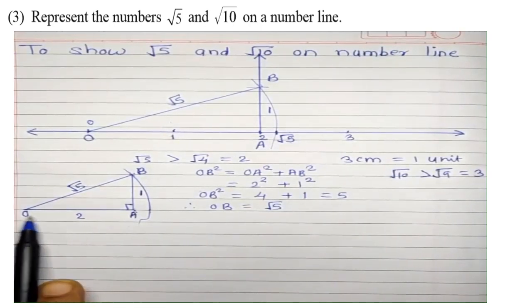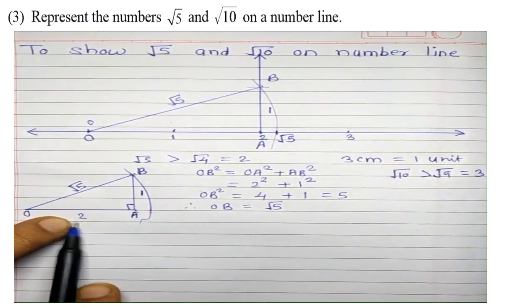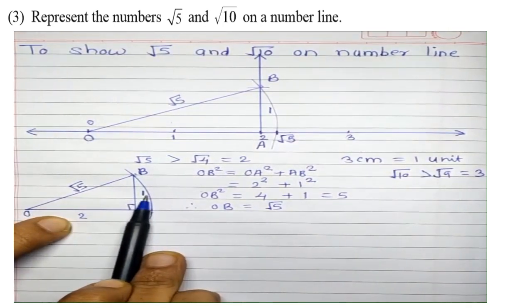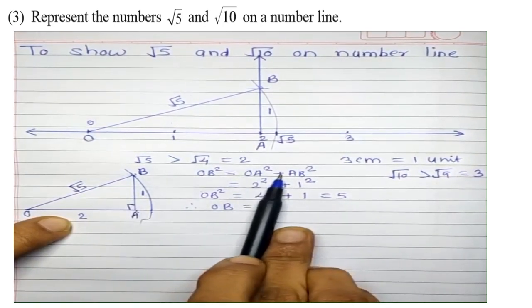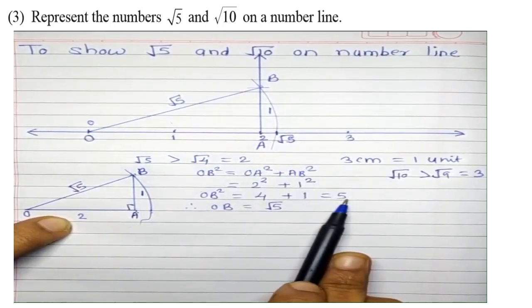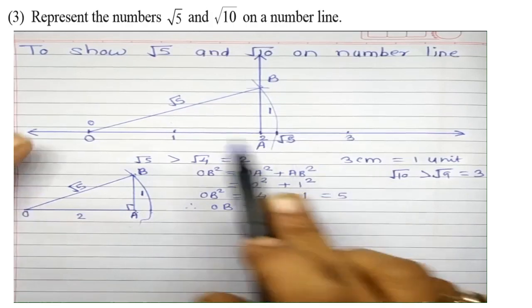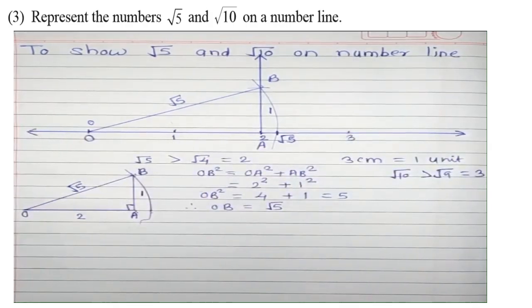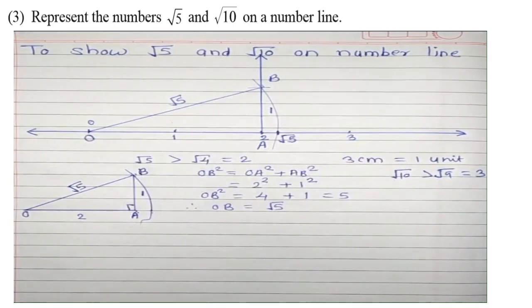Because there the base is going to be 3. Height is same, 1. So 3 square is 9. 1 square is 1. 9 plus 1, that will give you 10. And the distance you will get as root 10. So the similar construction you are going to do at 3. So you are going to get root 10 there.